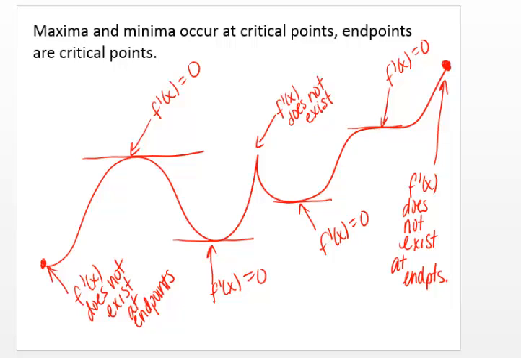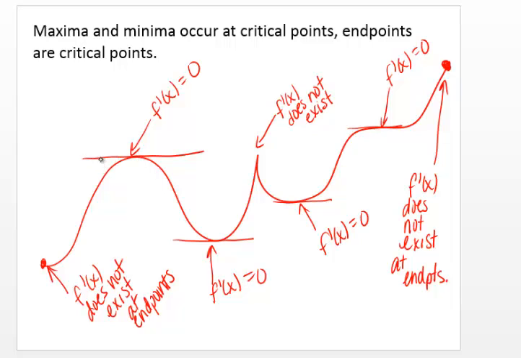So notice that maximas and minimas, that's the plural for maxes and mins, occur at critical points and endpoints. Endpoints are critical points. Sorry about that. So if I look here, I have f prime of x does not exist because you have an endpoint, so it's a critical point. Notice how that does end up being a minimum.